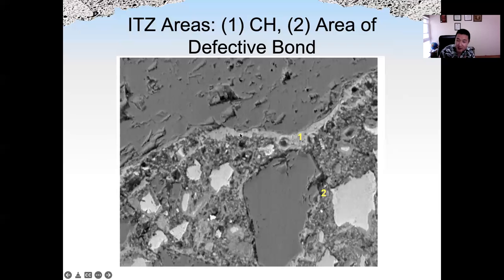So we can see clearly on the ITZ we have a lot of calcium hydroxide because, again, calcium hydroxide tends to deposit into empty space. As long as there is a void there, calcium hydroxide tends to find that void and fill that void. Also, we have areas of defect bonds between these sand particles and the ground mass.